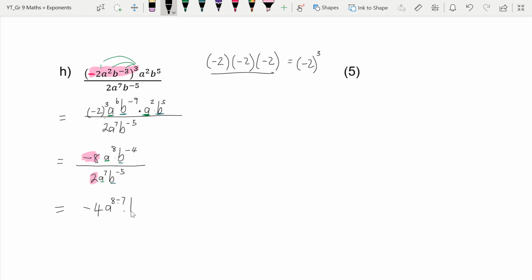There's for a, for base b, -4, and I take away a number that is already negative. So that is crucial. All right, so then I'm going to land up with a -4 a to the power of 1, so I don't have to write that, and that will become times b to the power of, that will become -4 plus 5, which will just become 1 as well. So that will be our final answer. Make sure that you logically show your steps and your working out with the sum that gets a little bit more complicated and longer. Okay, head over to the next practice question.